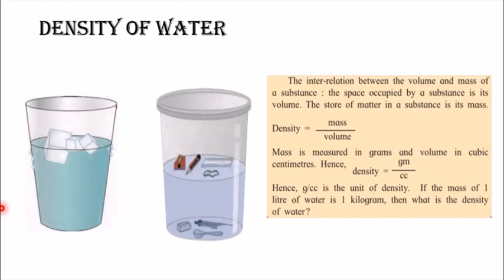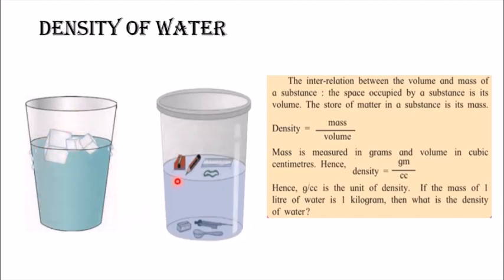That is, when it transforms from liquid state to solid state, the volume increases. Therefore, the density of the ice is less. As the volume increases, the density is less. So as the density of the ice cubes is less than the density of water, they float on top of water.